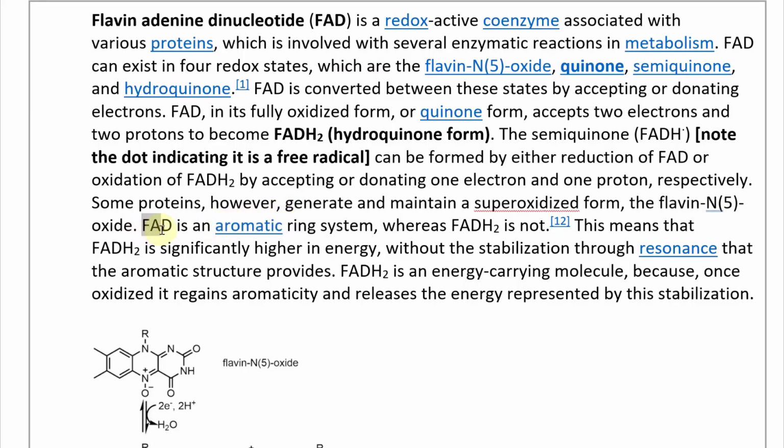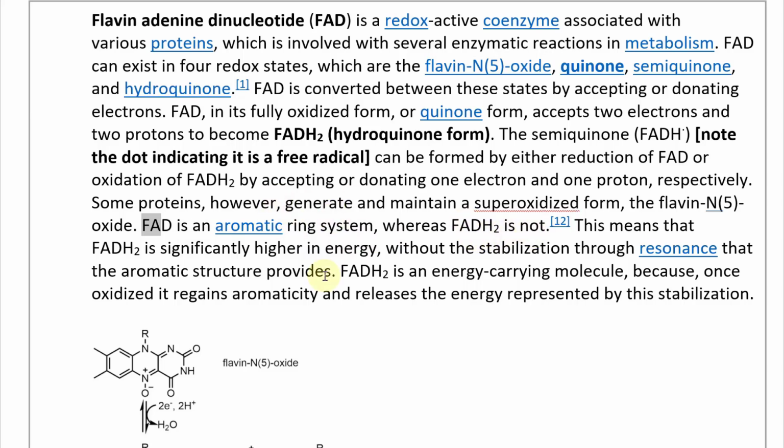So you oxidize FAD by taking electrons from it, then you get a derivative of it. And that derivative, you're deriving a compound from this, and that's the quinone. So you have the quinone, semiquinone, the hydroquinone, and this superoxidized one, just call it oxide there. So going further, FAD is an aromatic ring system, whereas FADH2 is not.